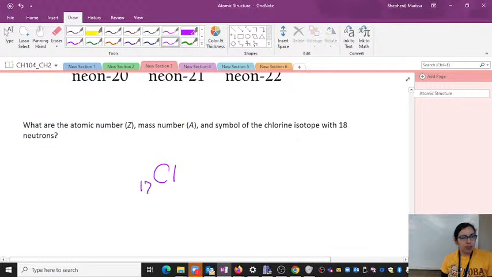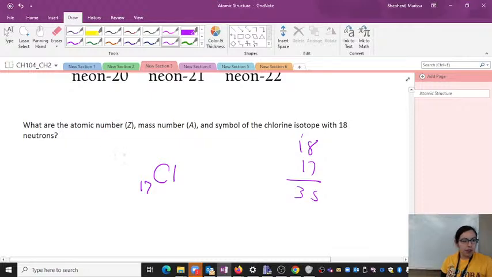So 17. And then, what's the total mass? That's 18 neutrons. 35, excellent.